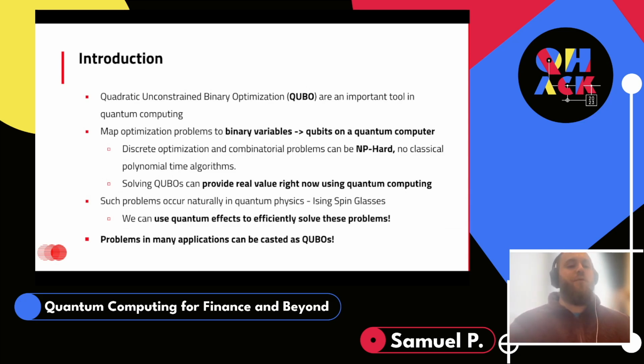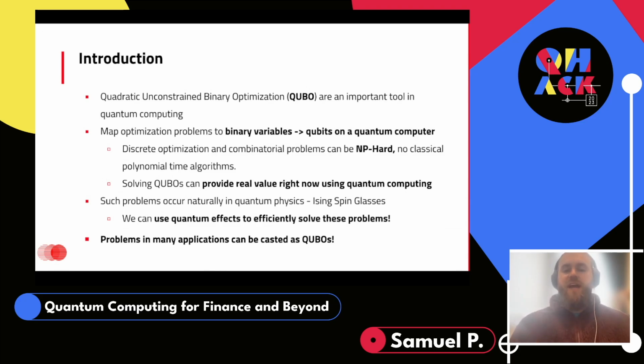This is a really important tool in quantum computing, because it allows us to map optimization problems to binary variables. With binary variables, we can use quantum computers to represent these, and then we can solve our problem. We really like this because a lot of really hard discrete optimization and combinatorial problems, which are NP hard, can be represented in the form of QUBOs.